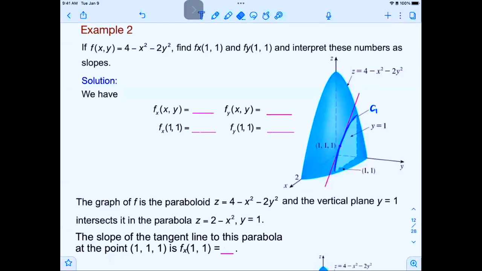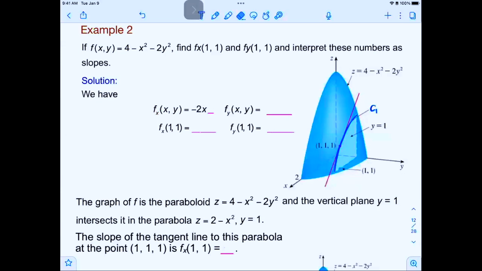Let's do it together. What's the partial derivative with respect to x? Let's think about this term here. When you take the partial derivative, this one here gets 0, and then here you get what? Negative 2x, and then this one here you get 0. So that will be negative 2x, right?